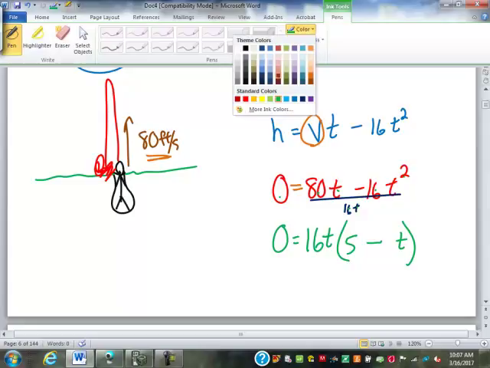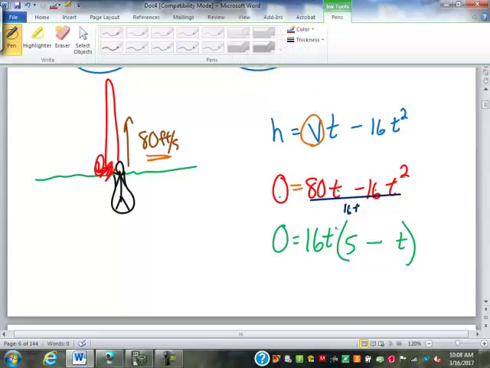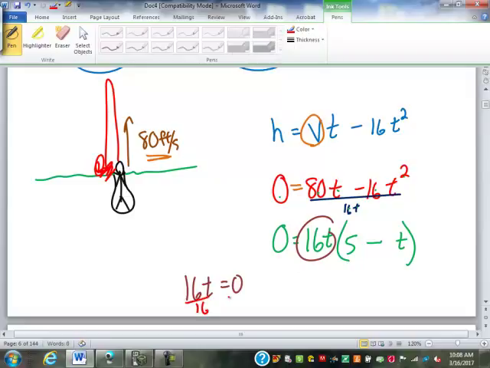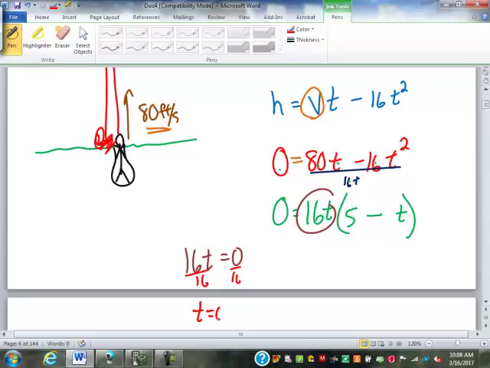So now this can be split up. Either this part equals 0, 16t equals 0. How would I solve that? I'd divide by 16. Well, 0 divided by 16 is 0. T equals 0. That makes sense because when he's launched, that's at time equals 0. He's at the ground. That's not the impact point, right?